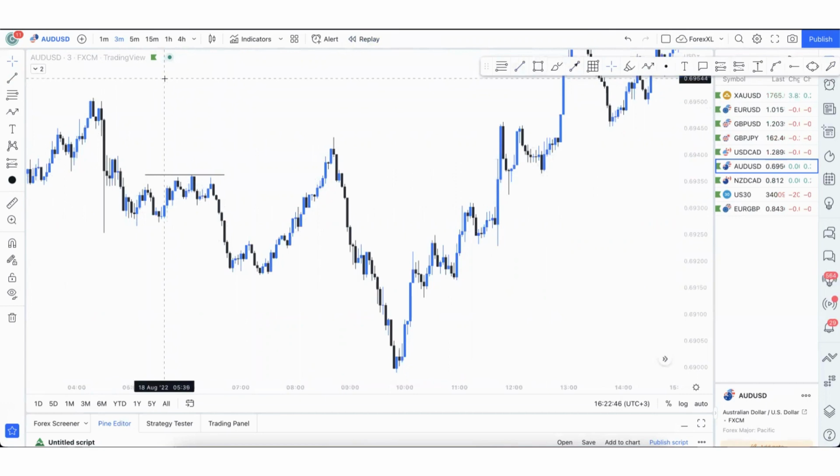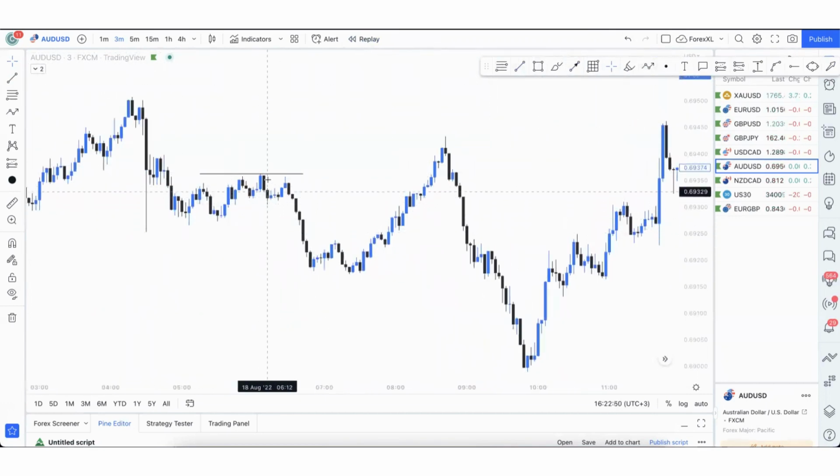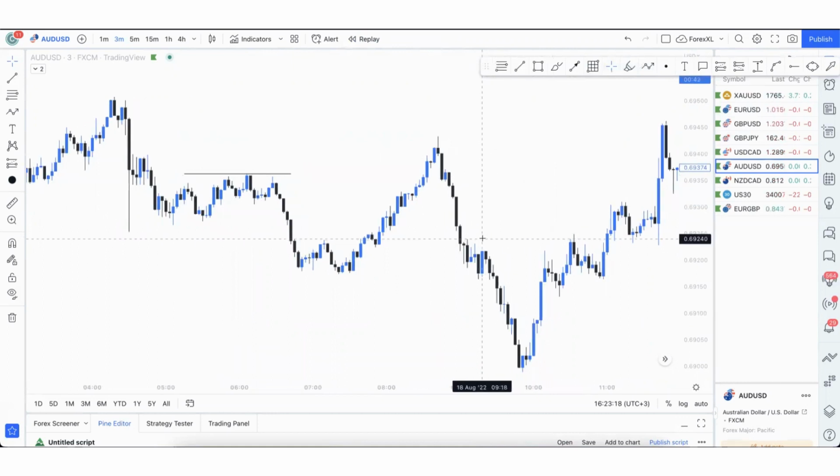When you see a market behaving like this one, many of the retailers suspect that if the price goes here, it will go down. Yes, it's true, but remember that there's liquidity here. Price will go up there and sweep all the liquidity above this and then go down, as you can see here in the chart.